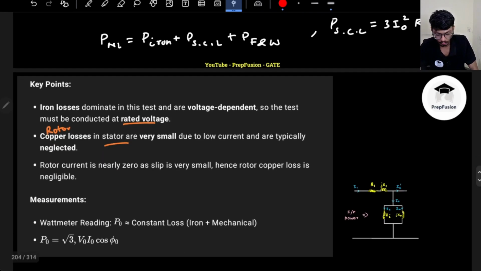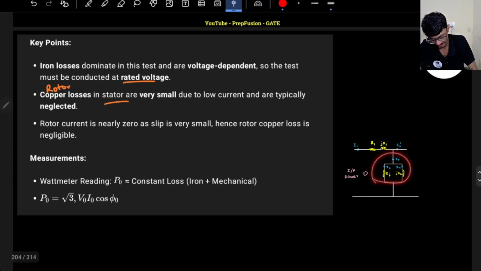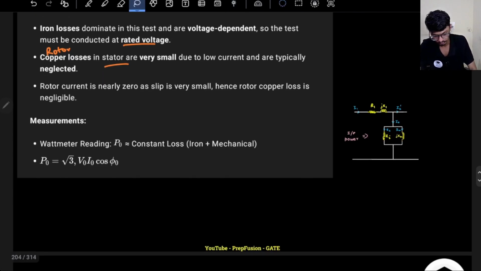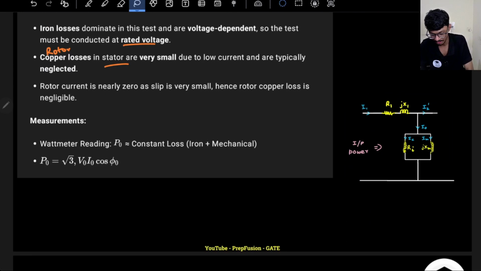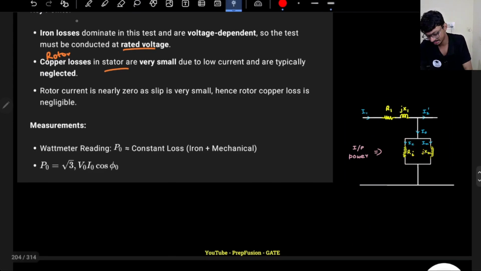Now what will be this impedance? As I was discussing, how will I measure the shunt parameters Ri and Xm? Let's say this is Z1 and this is Z2.